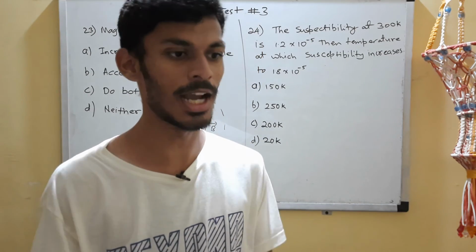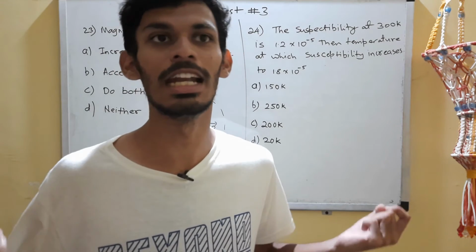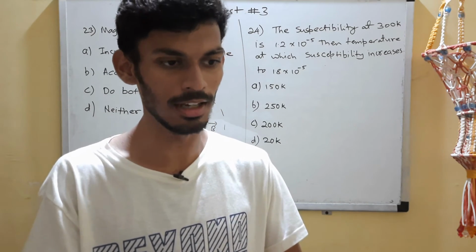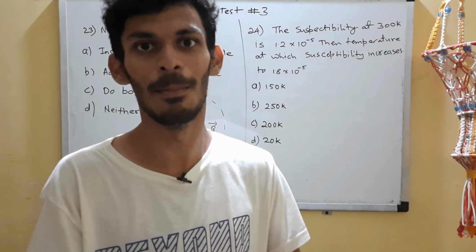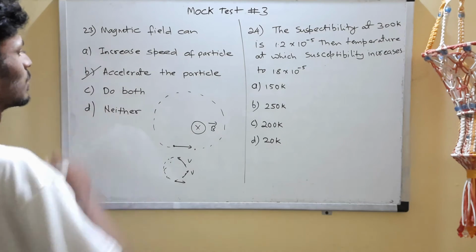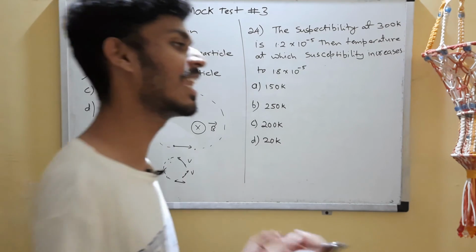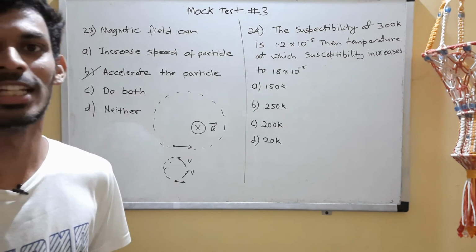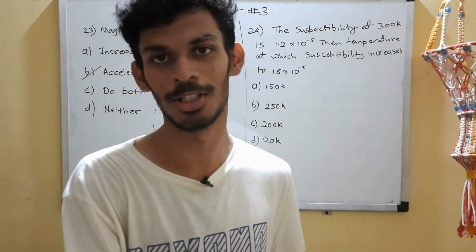So your particle will not gain speed, will not get kinetic energy. I hope that's making sense. So a magnetic field can accelerate the particle, but the acceleration only changes the direction of the velocity.